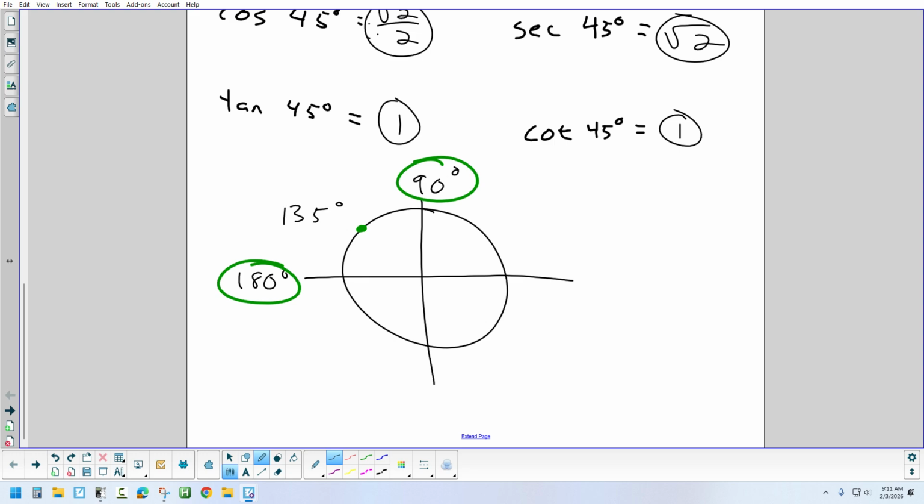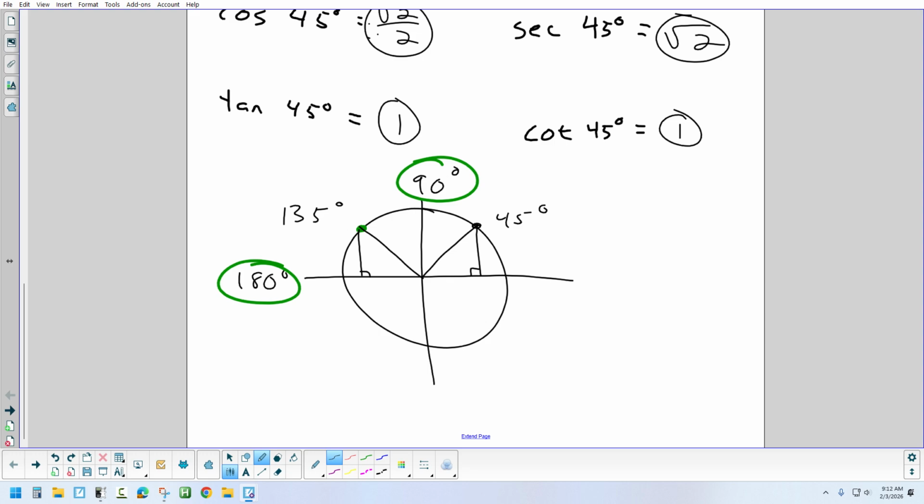135 is almost the same thing as 45. There's your triangle for 45. Here would be your triangle for 135. What's the connection between these two triangles? It's just flipped. So when we do 135, it's a mirror image of 45. So when you mirror image something, does that change the length of anything?